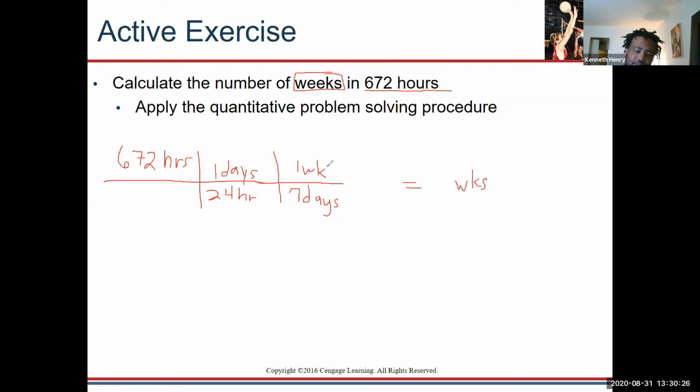Okay, so what's our answer? So if we follow our units, we should end up with the same units that we're looking for, which is 4 weeks.